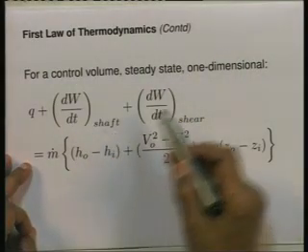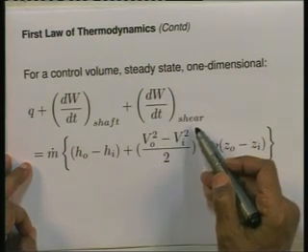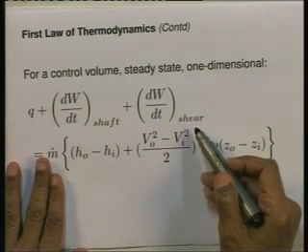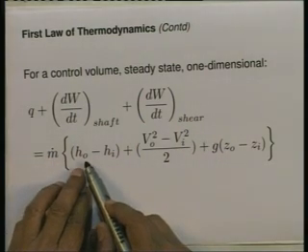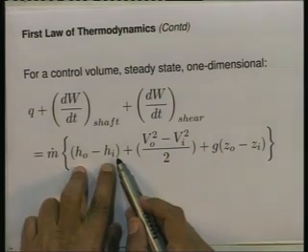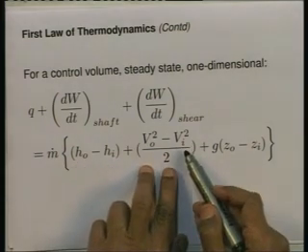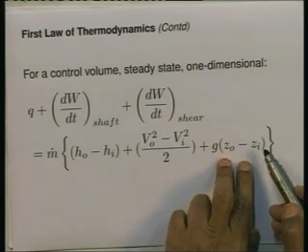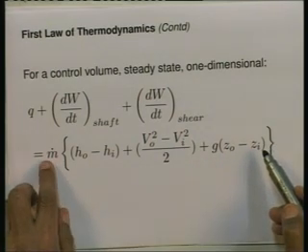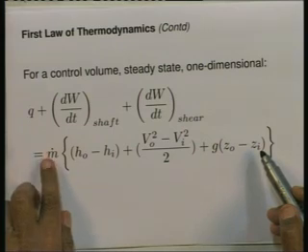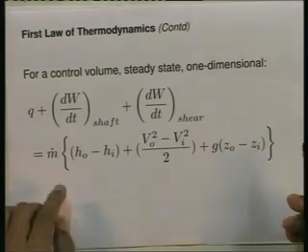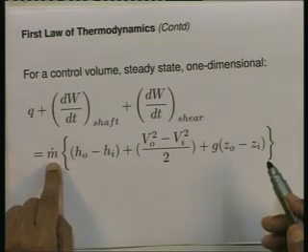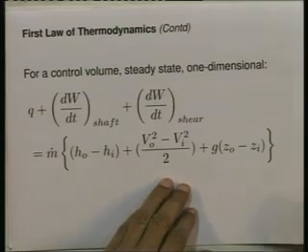I get Q plus dW/dt shaft plus dW/dt shear, with no first term on the right hand side, which stands for rate of change of energy, equal to leaving value of enthalpy minus entering value, h_o minus h_i, plus (V_o squared minus V_i squared) by 2, plus g into (z_o minus z_i), the whole thing multiplied by the mass flow rate through the control volume. The rate at which mass enters and the rate at which mass leaves is obviously the same, and we will call that m dot, so many kilograms per second.